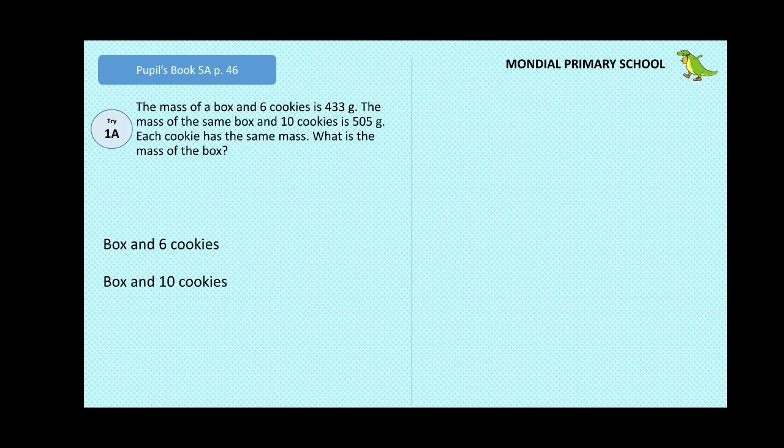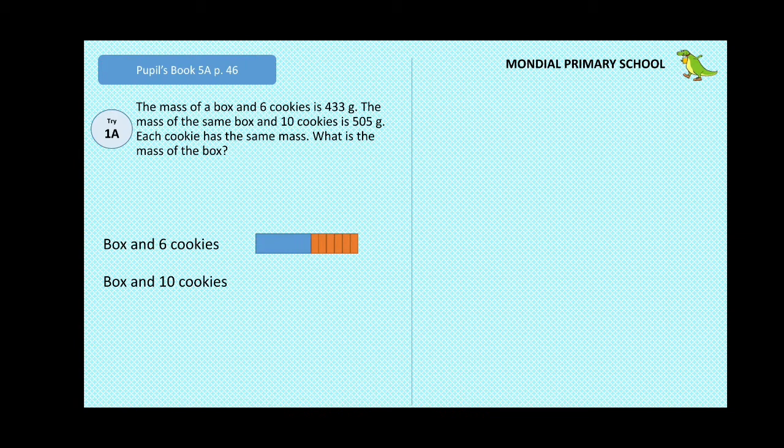Now, for the first part, we draw a long box to represent the mass of the box. And then, we draw 6 small boxes to represent the mass of 6 cookies, like this. Box, the blue box, and then 6 boxes to represent 6 cookies.